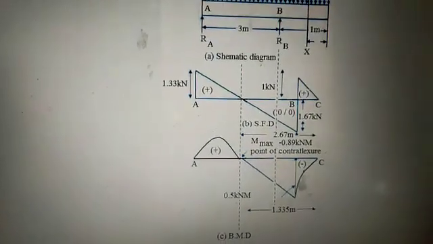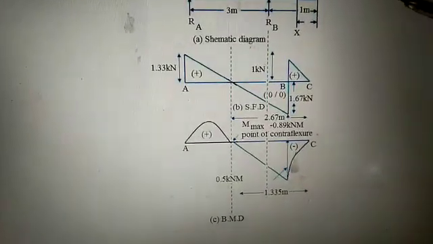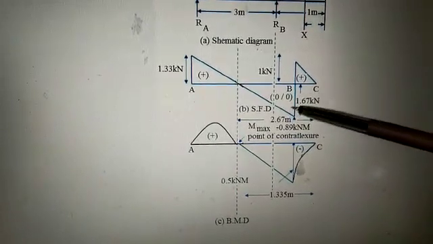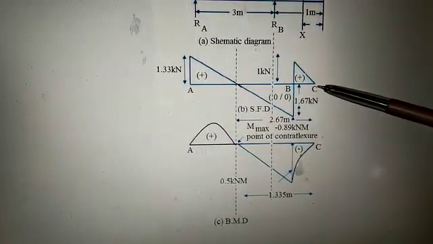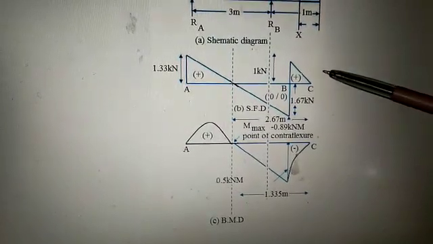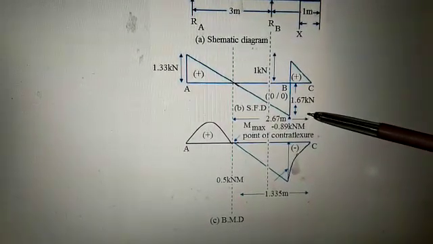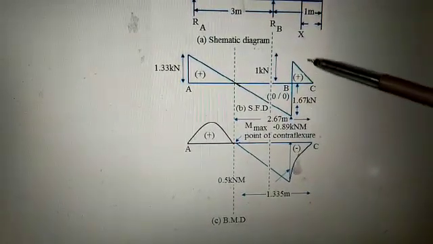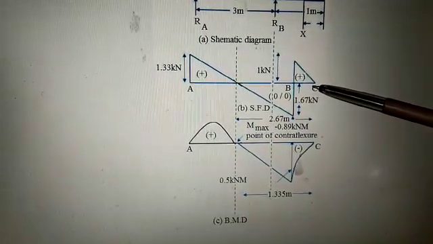Now we will draw the bending moment diagram for this beam. At C, the moment was 0. At this point, we obtained the moment.